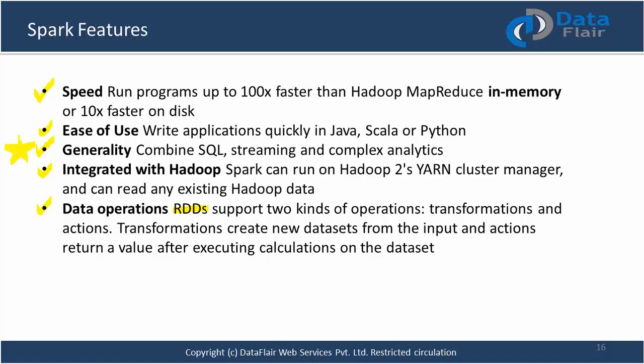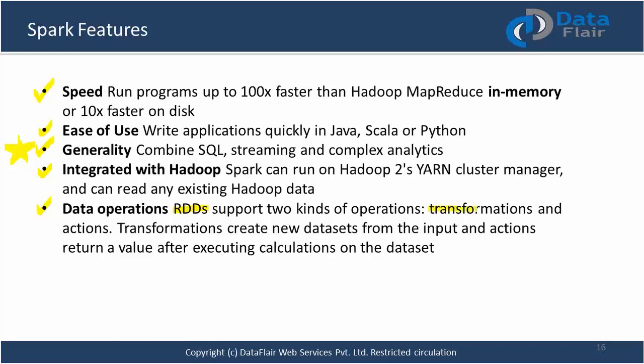Like, guys, in MapReduce, I told you that if you understand the logic of key value, you can crack any problem. Here I would say if you understand RDDs, you can crack any problem. By the way, there are dedicated slides for RDD. We'll discuss it there. RDDs support two kinds of operations.